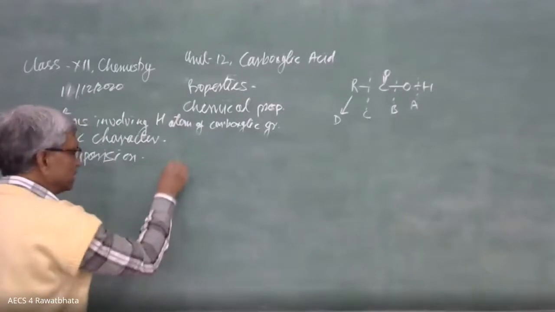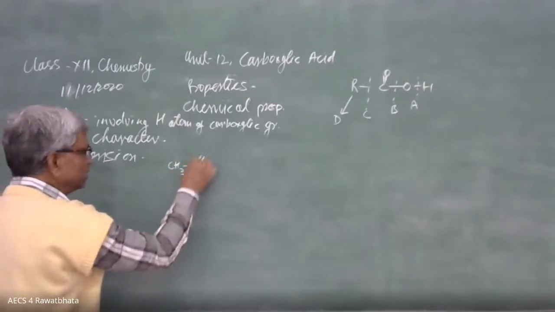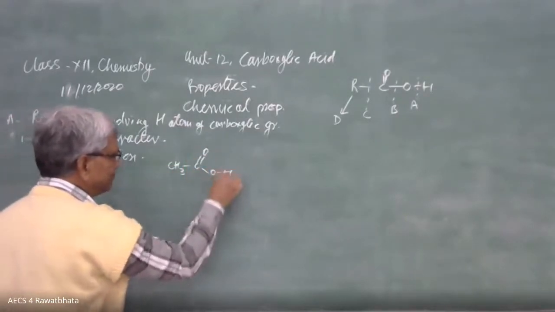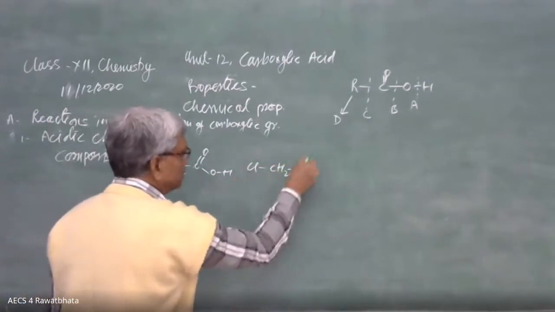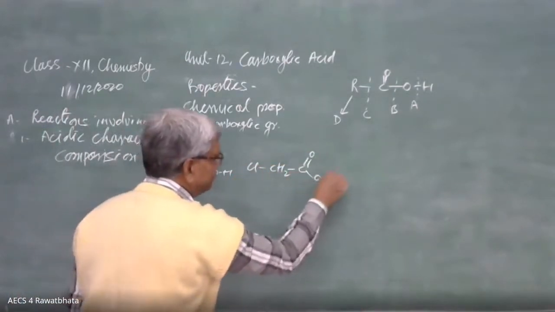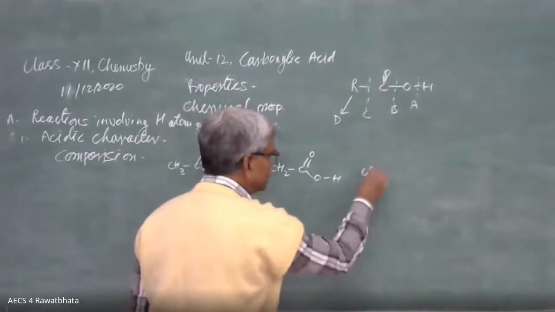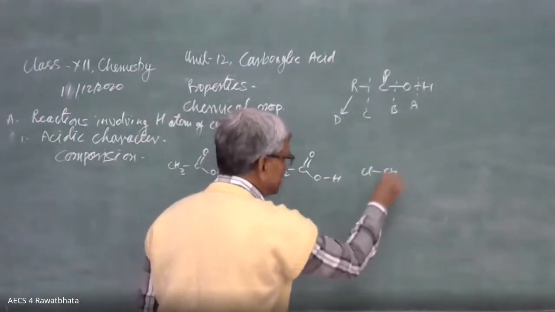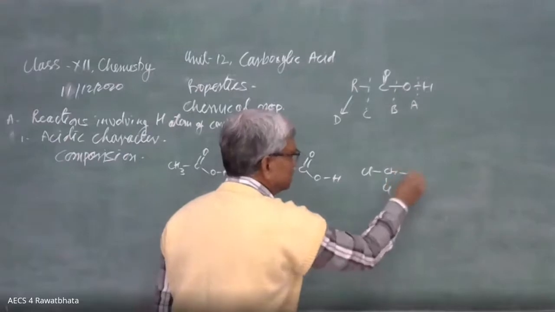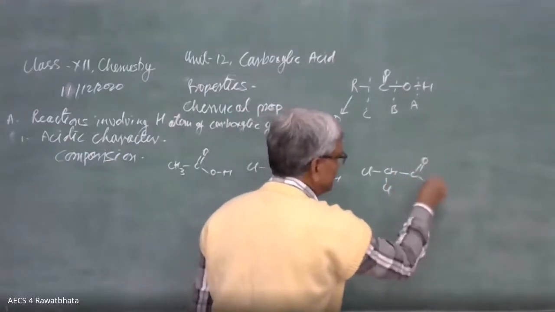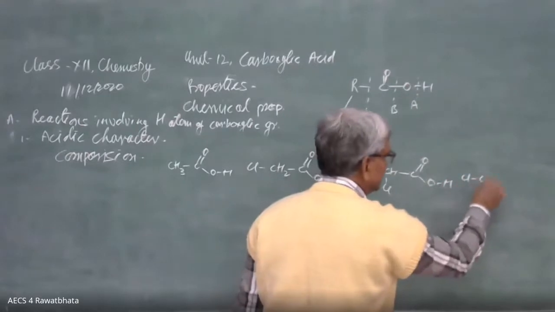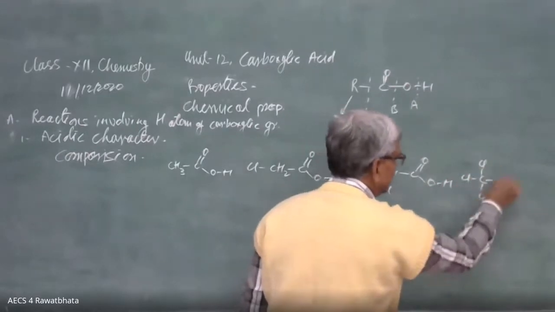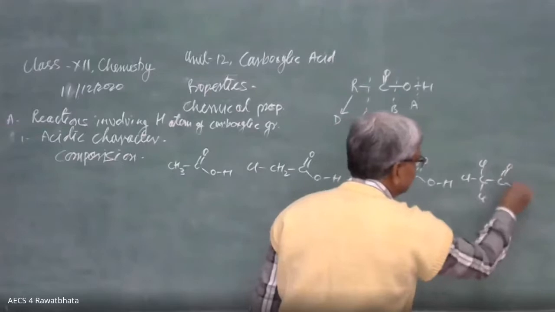And the final comparison. Here is CH3COOH, another is ClCH2COOH, another is dichloroacetic acid, ClCHCl, here is COOH, and finally trichloroacetic acid, ClCClCl COOH.